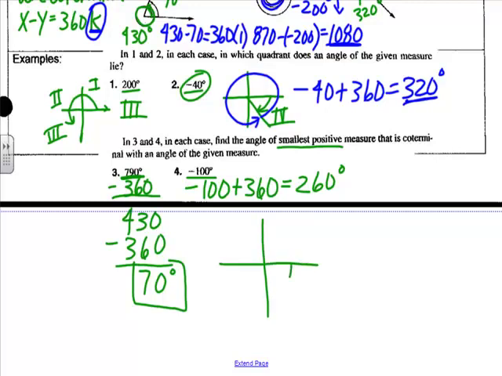So here I go, negative 100, here's negative 90, so say it's about here. Hopefully, after thinking about this a little bit, you understand that if I'm going the other direction, here I go, 90, 180, and a little shy of 270 would be 260. So sure enough, I end up at the same terminal side, and they are called coterminal.